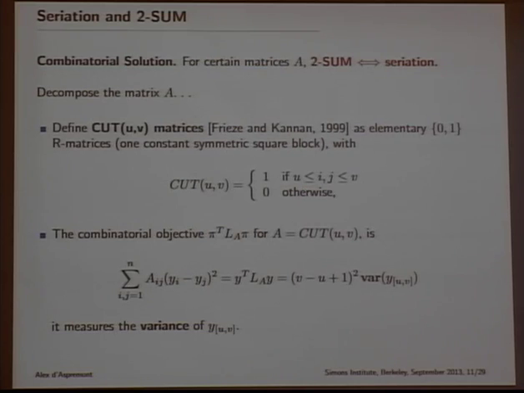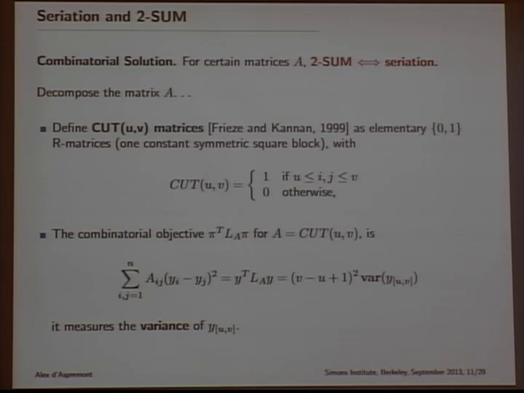The way to see that, a very brief proof sketch, is just to decompose the matrix A. You have this similarity matrix, and it turns out that a very nice way of computing a decomposition of the matrix A is in terms of cut matrices. The definition comes from a paper by Frieze and Kannan on matrix approximations.